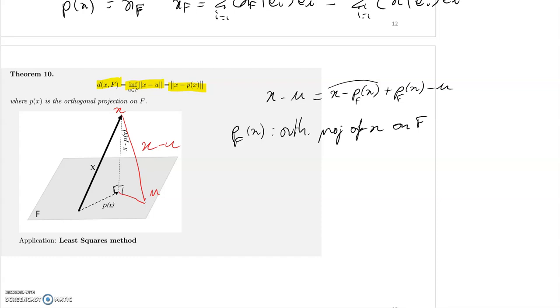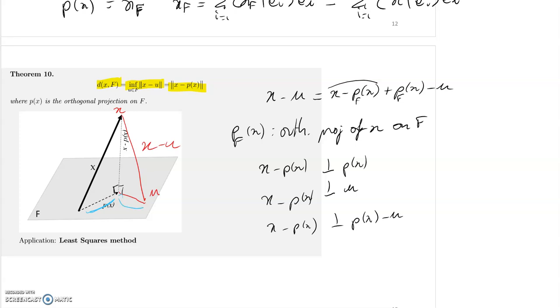So we have orthogonality between x minus p of x and anything that belongs to F. That's going to be orthogonal to u, so this is going to be orthogonal to anything that belongs to F, and in particular, that's going to be orthogonal to p of x minus u, because p of x is the projection on F, so it belongs to F, and u is that one, it belongs to F also.